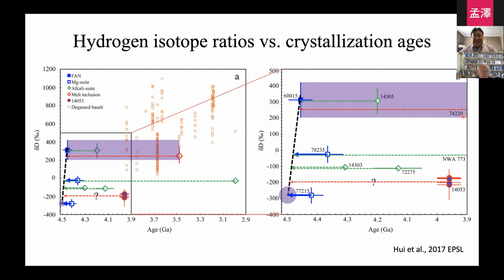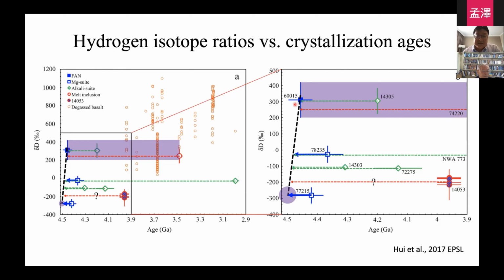As we can see, the hydrogen isotopes in these three samples are very similar. 74220 is orange glass beads. That means it contains very high titanium contents. This also means their source regions inherited from the later crystallized lunar magma ocean products, the ilmenite.